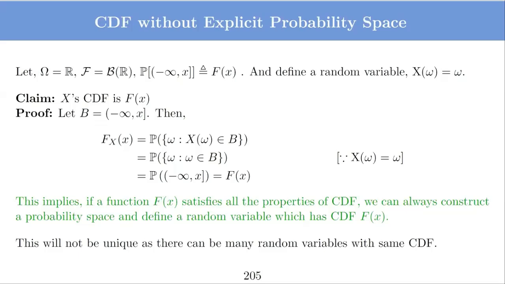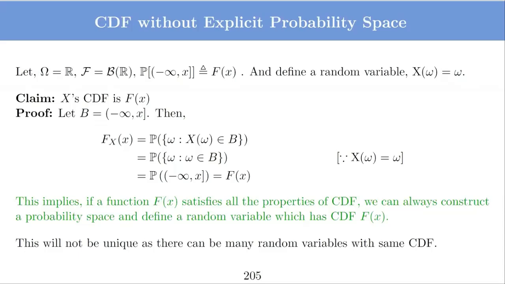Okay, so if I take any set (-infinity, x], the probability measure of this set is F_X(x), and F_X is already given to you. We can then prove that this is a valid probability measure because F_X satisfies all properties of a CDF. It is increasing, and from that you can prove the additivity property and the other properties.